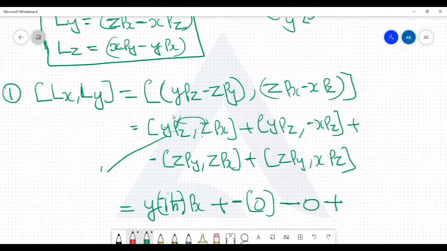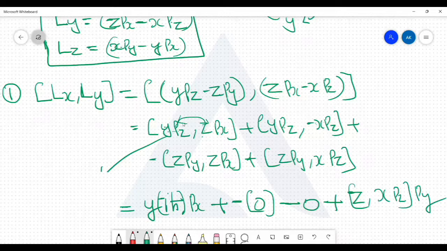Therefore, you have to take it out. You have z, and py with those commutators will be 0. While you take z, that will exist. Therefore, z, x pz, py.